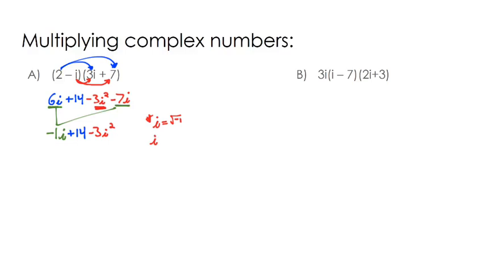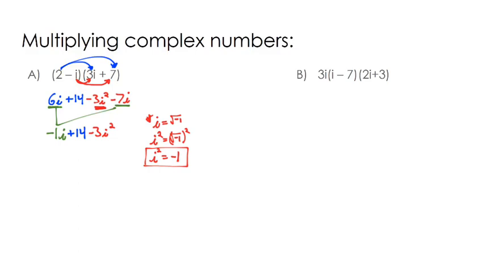So if you have i squared, that's the root of negative 1 squared. And hopefully you remember that to square and to square root are inverse operations. In other words, that's just going to undo each other and leave you with i squared equals negative 1. And this is an important little fact that you need to know. Just like we know the definition of i is that i equals the root of negative 1, we need to also know that i squared equals negative 1.